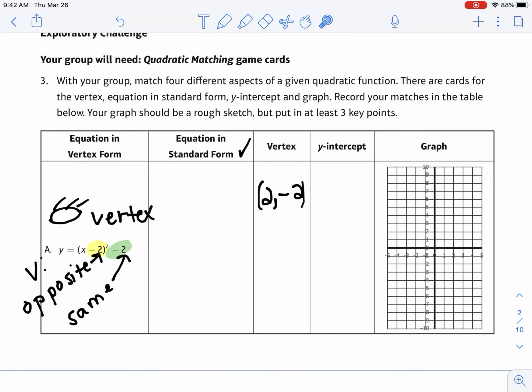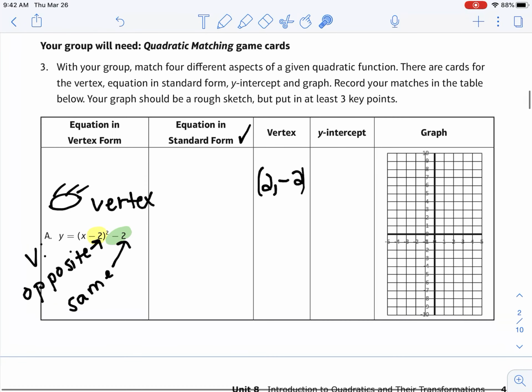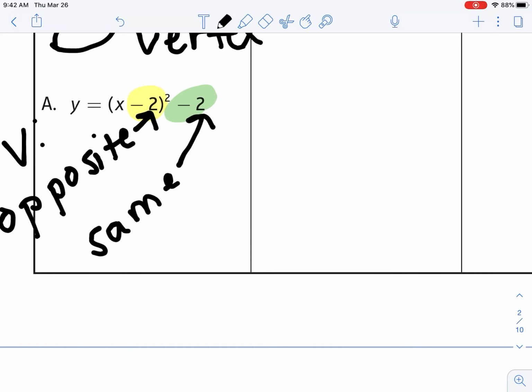All right, so with that, the y-intercept, well, we would have to let x equals 0 to solve for the y-intercept. So we're going to just practice that for right now, even though we're going to have to convert this to standard form, which will give us the y-intercept. So we're going to let x equals 0.